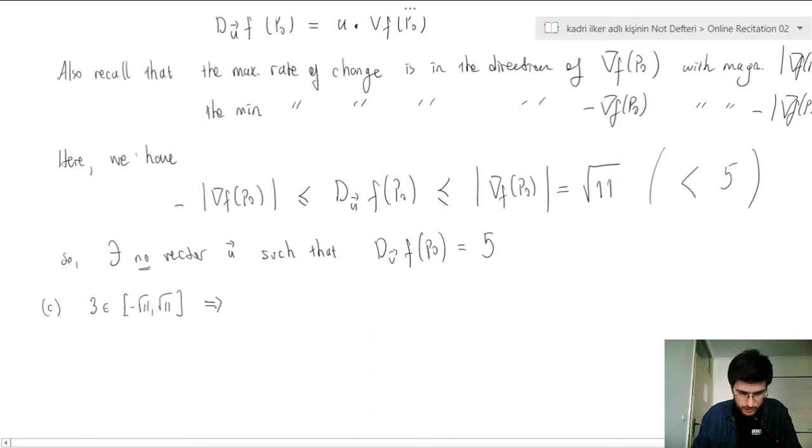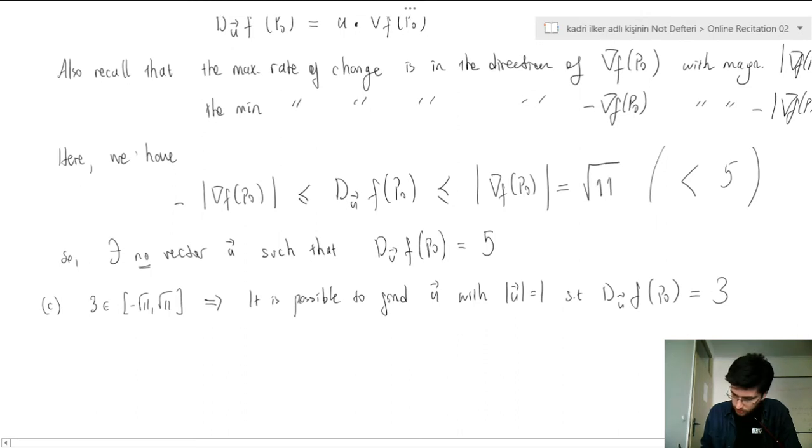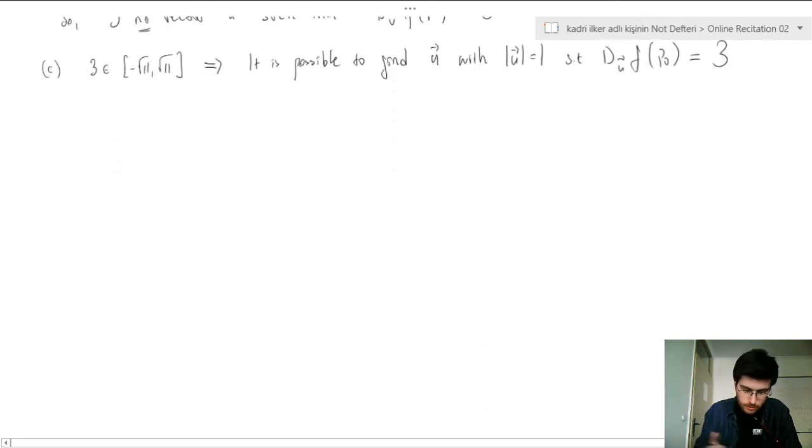So it is possible to find u, a unit vector, such that the directional derivative at p0 is 3. Of course, this boils down to studying certain equations.